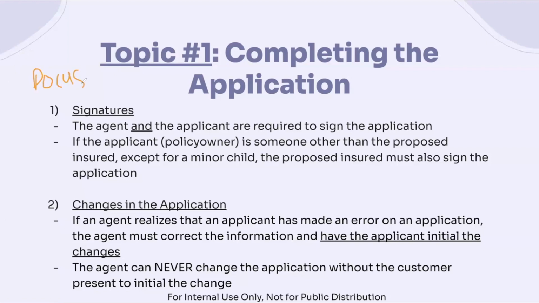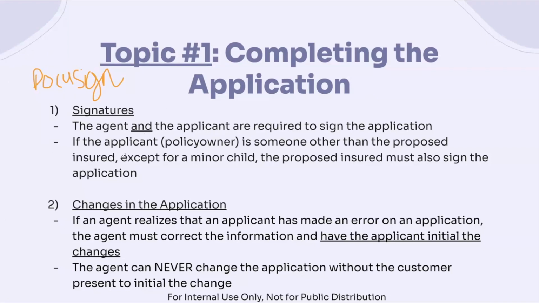If you have used this before, this is where the agent and applicant are required to both sign the application, on this platform or maybe another platform. And if the applicant is someone other than the proposed insured, the proposed insured must also sign the application.